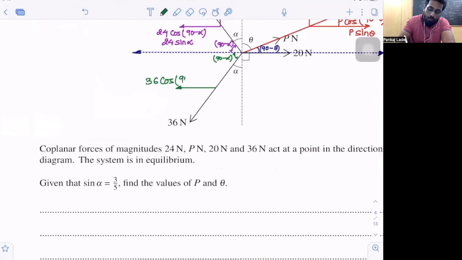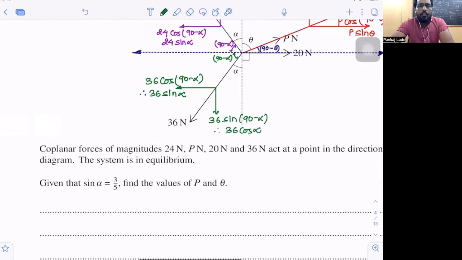So cos of 90 minus alpha gives you 36 sine alpha. And the vertical component, students, is going to be 36 sine of 90 minus alpha. That becomes 36 cos alpha. I hope the resolution part is pretty clear to all of you, right?